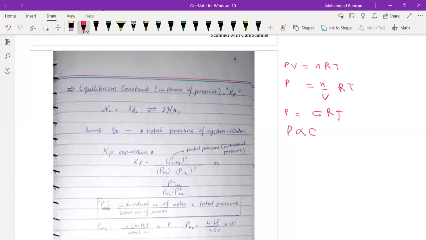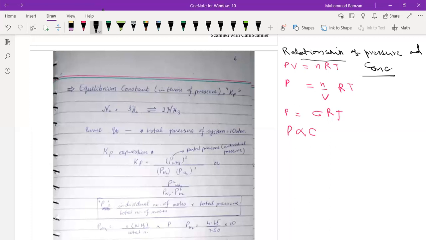So this is the relationship of pressure and concentration. Conceptually, what is concentration?